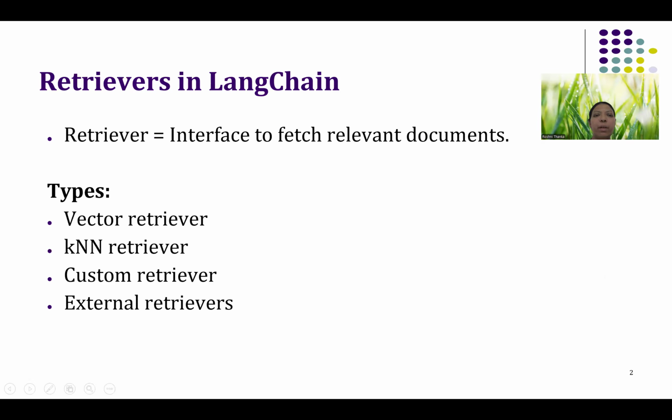What does retriever mean? We know that an LLM is already pre-trained on some documents, maybe websites, law, a huge number of books and all. But if you have certain domain-specific questions, or factual questions, it may not answer properly. It may lead to a hallucinated answer, so we cannot always trust those answers.